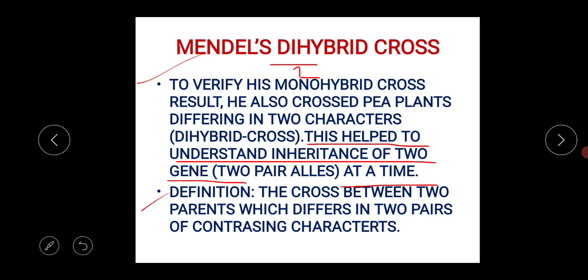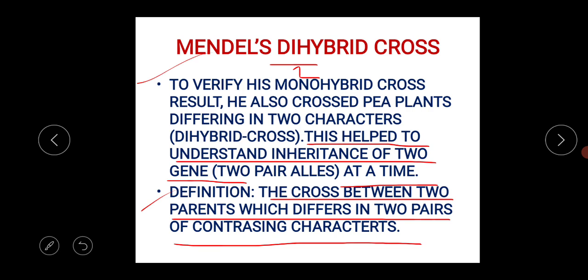How will you define it? It is the cross between two parents which differ in two pairs of contrasting characters. In the monohybrid cross, he picked only one contrasting trait for determining the inheritance pattern. But in this case, he crossed two parents which differ in two pairs of contrasting characteristics. So this is Mendel's dihybrid cross.